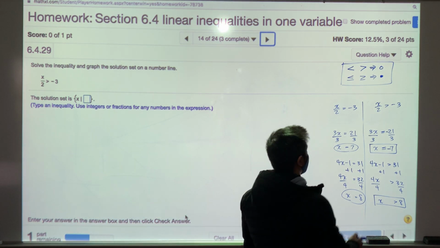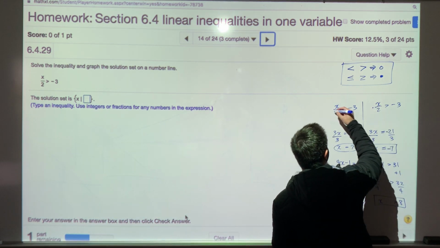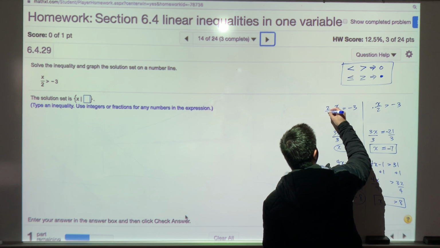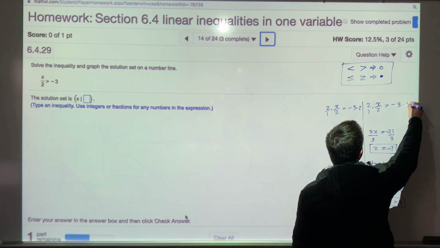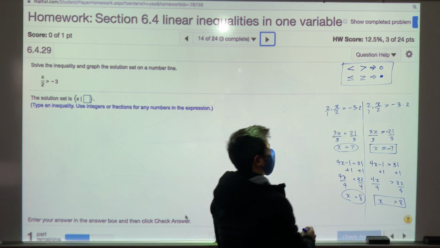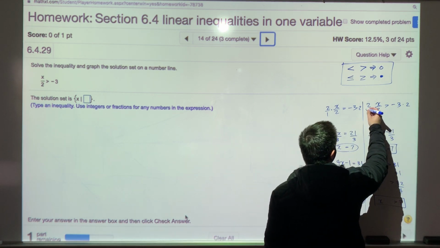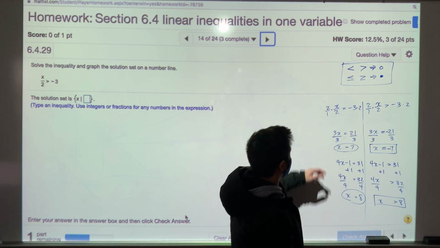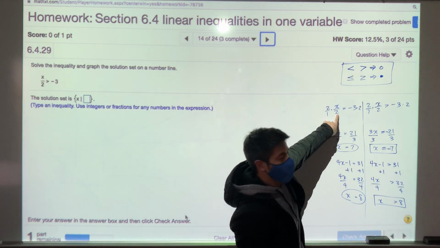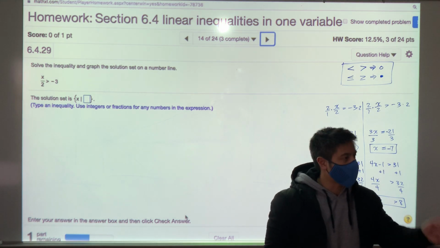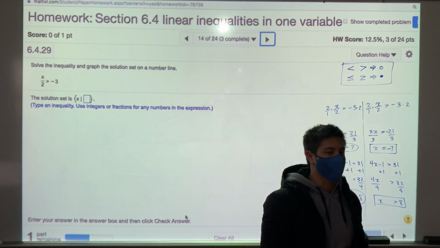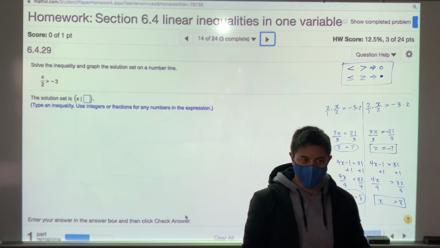How would we handle this? Well, recall that we would have multiplied both sides by the denominator of our fraction. As you can see here, the denominator's a 2, I need to clear out the fractions, so I'm going to multiply everything by 2.